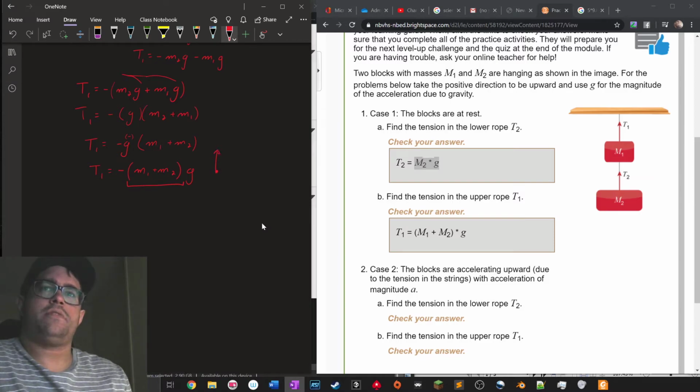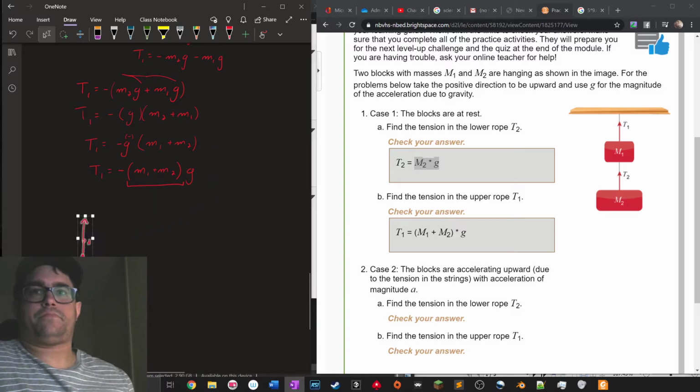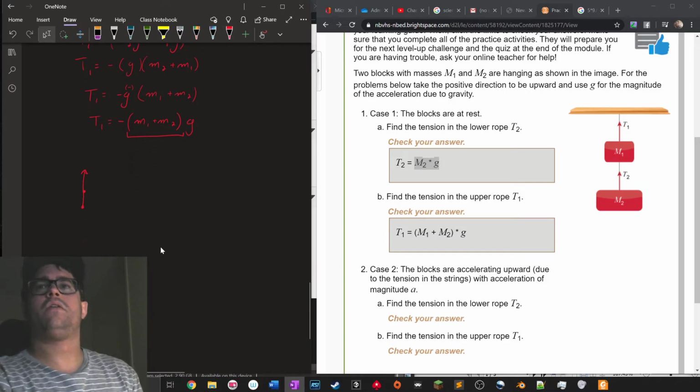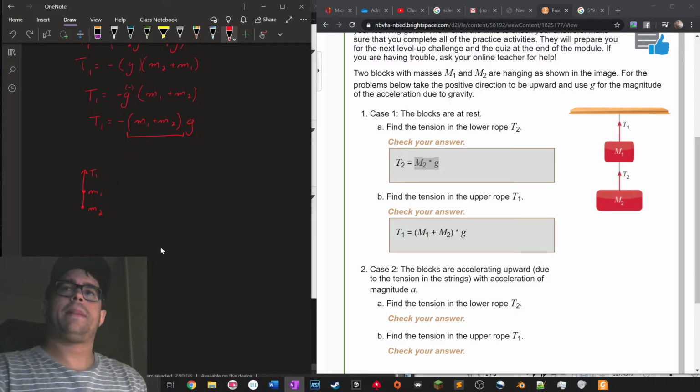So this T1 that's pulling the two masses together, so this T1 that's pulling M1 and M2 is actually equal to summing them up together multiplied by G. So T1 is equal to Fg of M1 and M2.